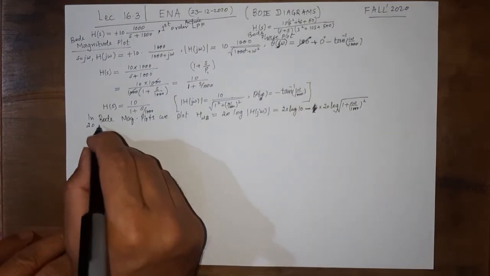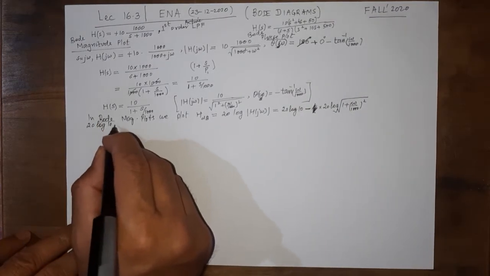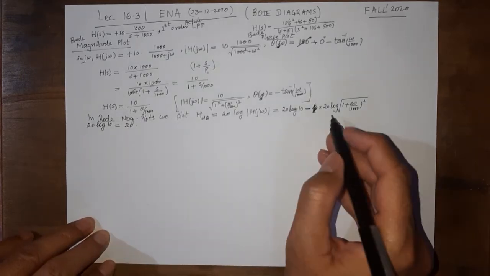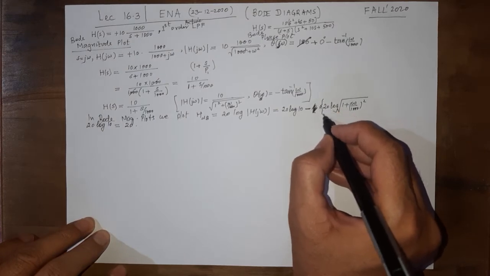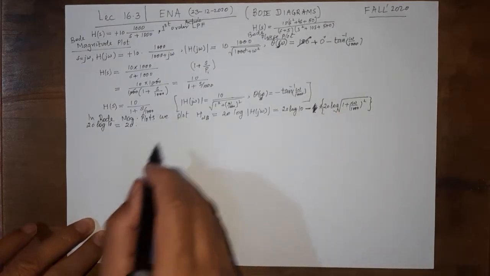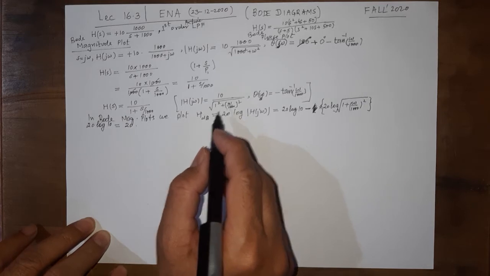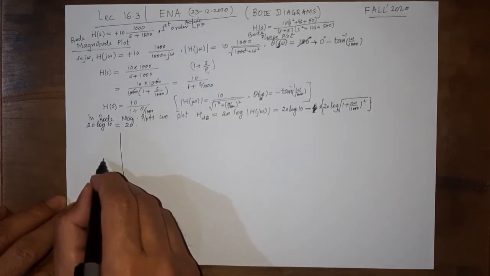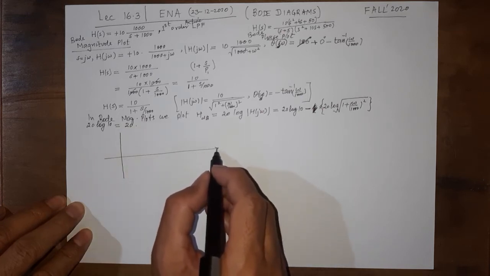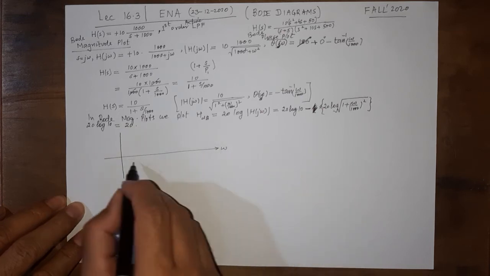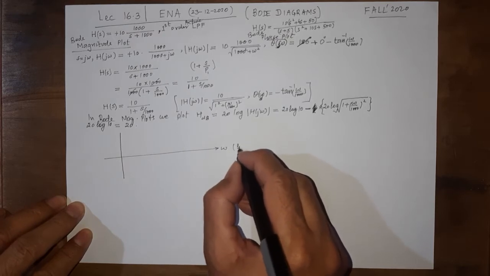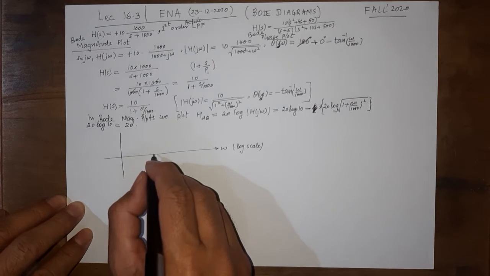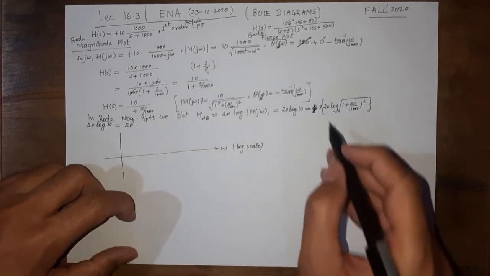So 20 log of 10, log of 10 is 1, so 20 log of 10 would be 20, and then each of these terms, if it is in the denominator, we have seen how to plot this. If we are plotting a magnitude Bode plot, then we take the omegas on a logarithmic scale here, along with all the critical frequencies that we deal with.